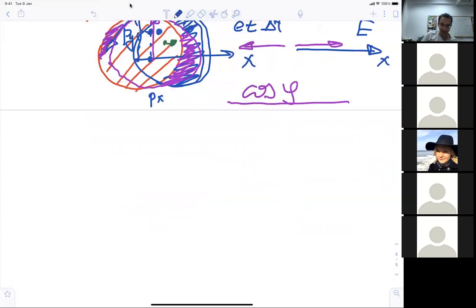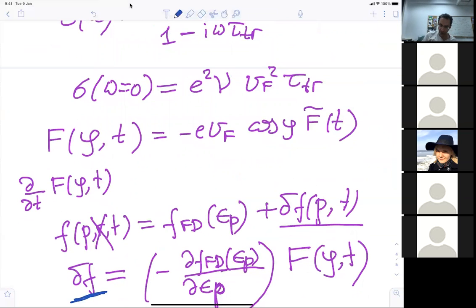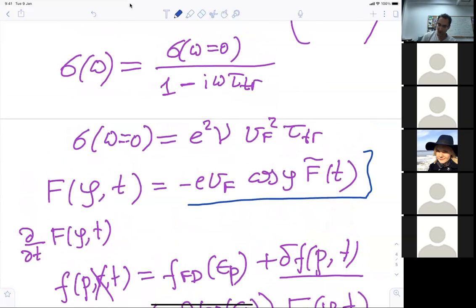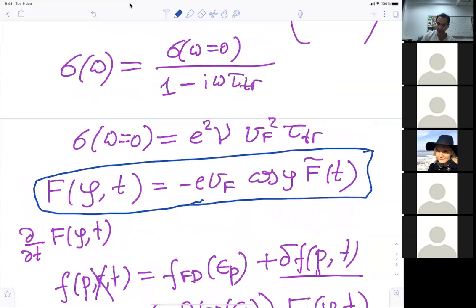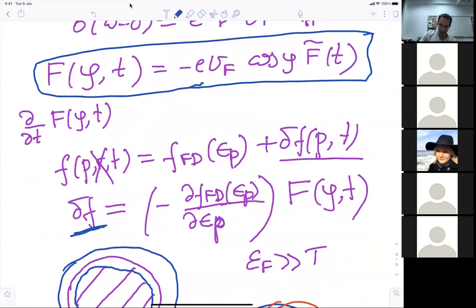Now, going back to our equation, we include some time dependence in it, and therefore the function f as a function of angle and time has explicit time dependence. So let's take this ansatz and plug it into the time-dependent Boltzmann equation.